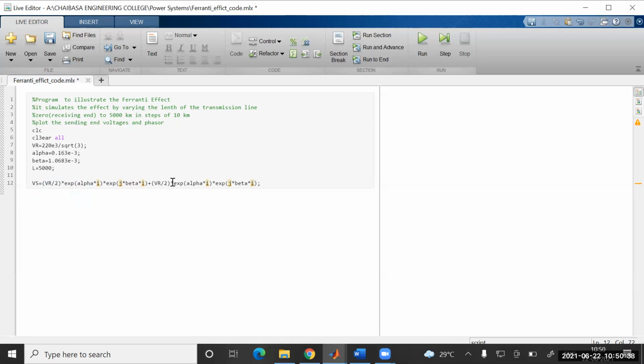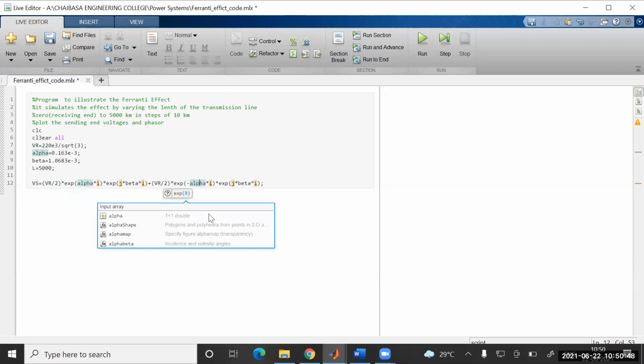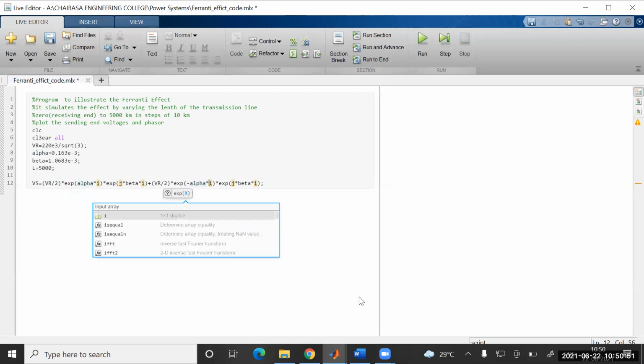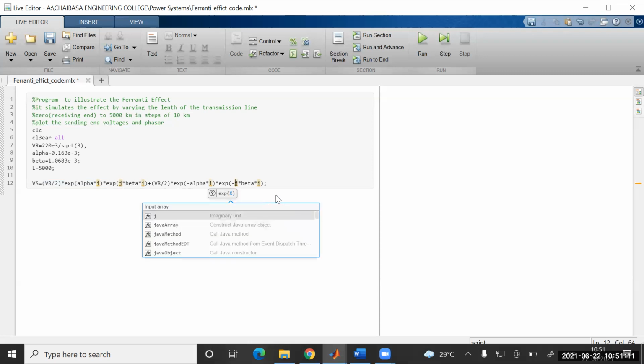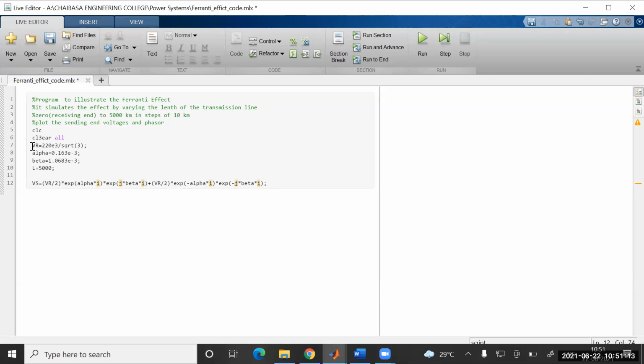In the second half there is a small change: it will be minus alpha and minus beta. Now this has been done.